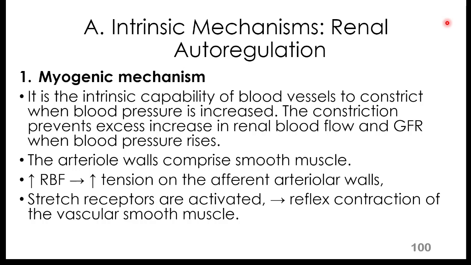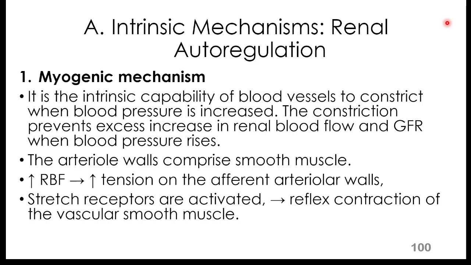The myogenic mechanism is simply the intrinsic ability of blood vessels to constrict on reflex when the blood pressure is increased. This vasoconstriction will prevent an excess increase in renal blood flow that may damage the glomerulus.